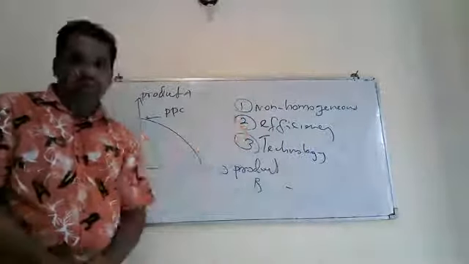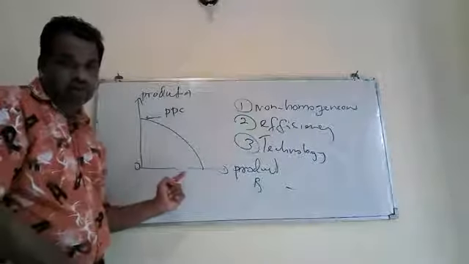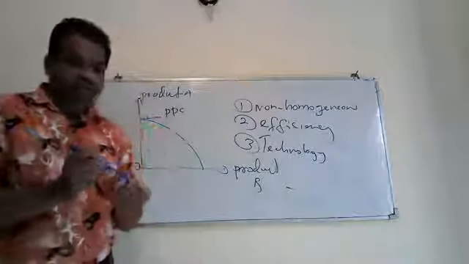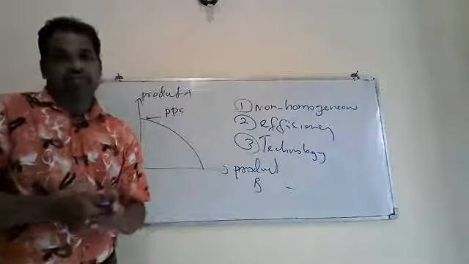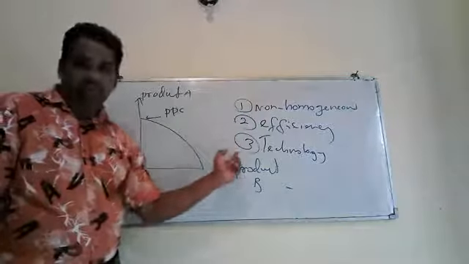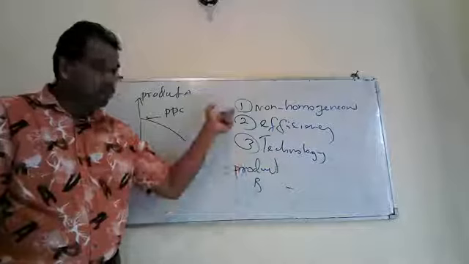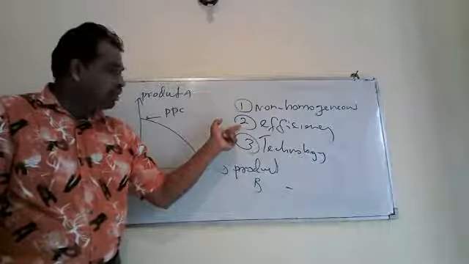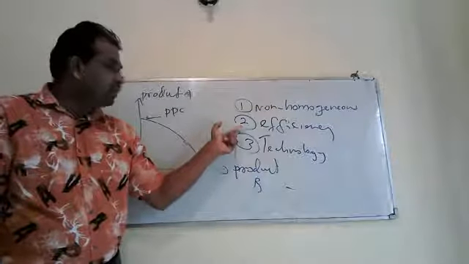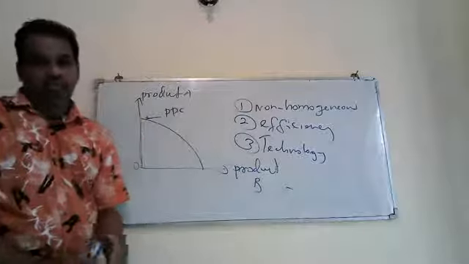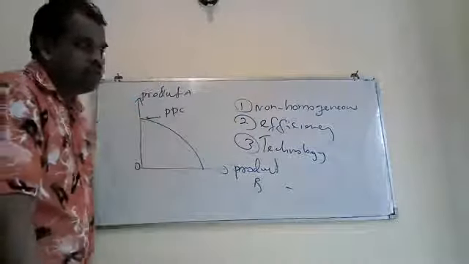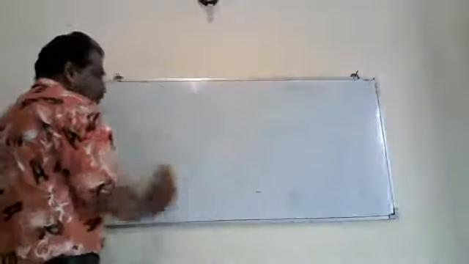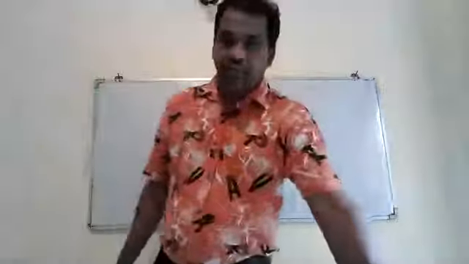Therefore, we can have increasing opportunity cost when we use the same resource in alternative industries. These are the reasons: non-homogeneous resources, different efficiency in each industry, and different technology. I think you got an understanding about those two past paper questions. I will be discussing all the past paper questions related to the PPC curve.